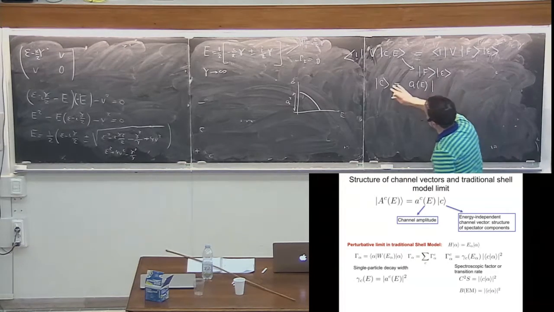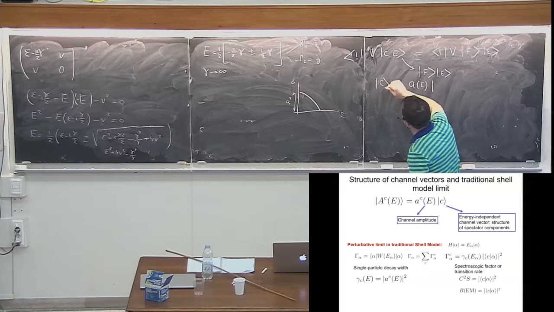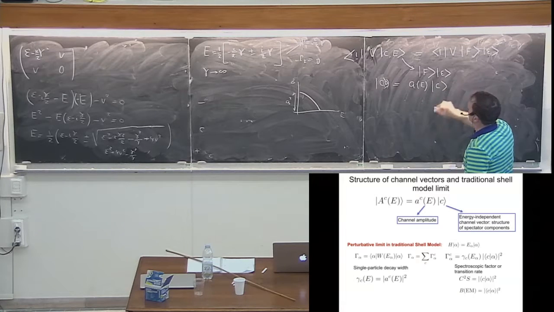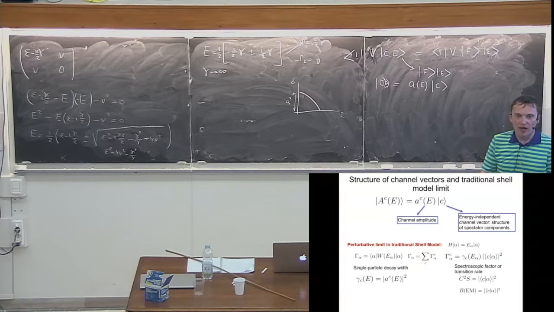So this is my full channel, which depends on E, and the fixed channel state, which is just a constant, which is a many-body state in my space of the parent nucleus, where you create one nucleon on that particular orbit.